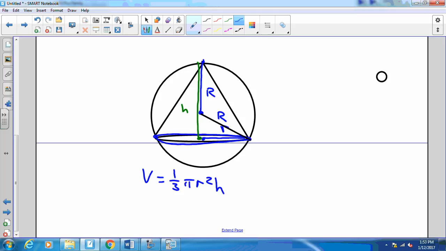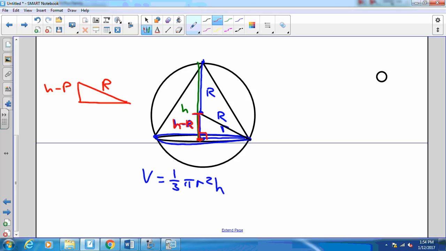And the second thing to observe is that the center of the sphere divides the height h up into two pieces. And the first piece is big R, and the second piece is therefore h minus big R. Let me do that in red so it's a little clearer. From here to here is h minus big R. Now, what I see is a right triangle.